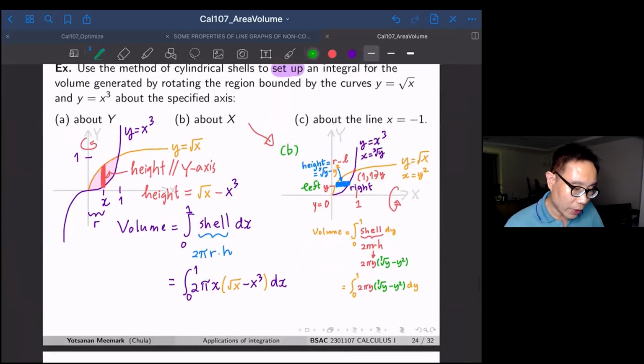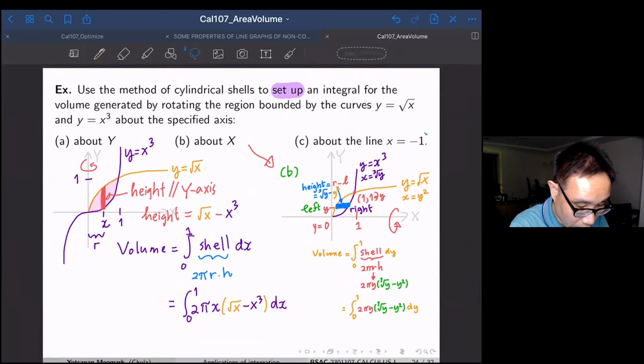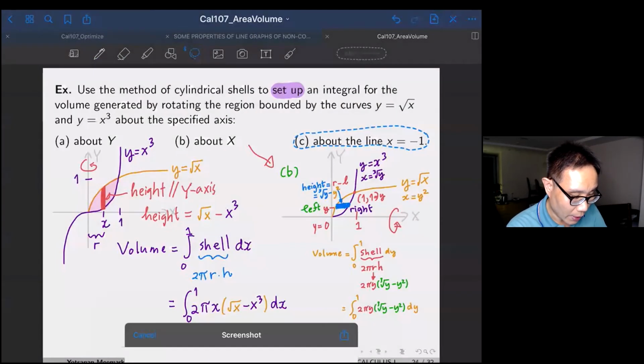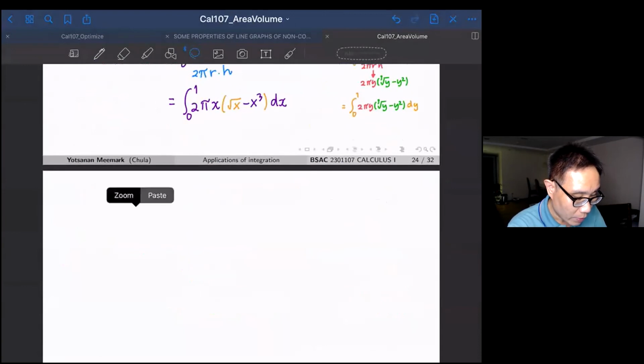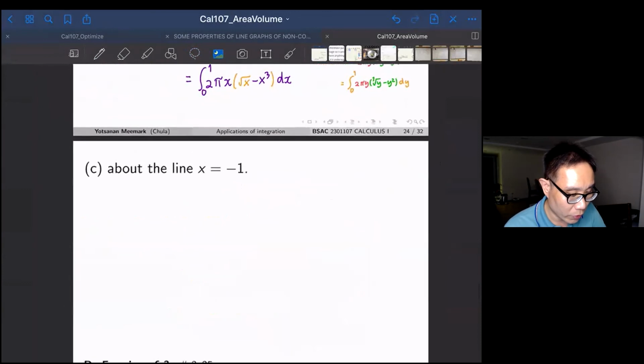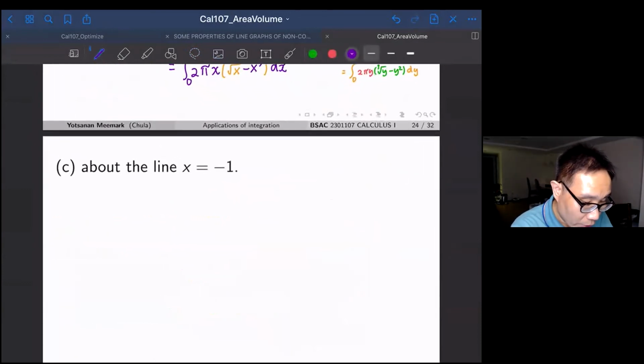For the last one, it is C, about the line x equal to -1. Let me take the screenshot first. Okay, copy, and paste here. So you have C about the line x equal to -1. The same picture applies in this case.